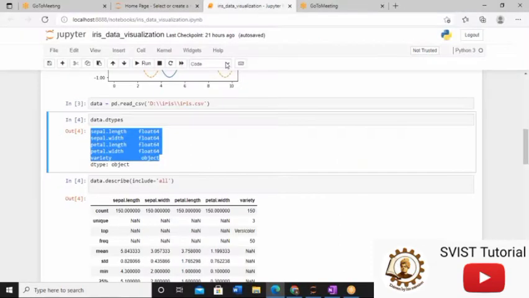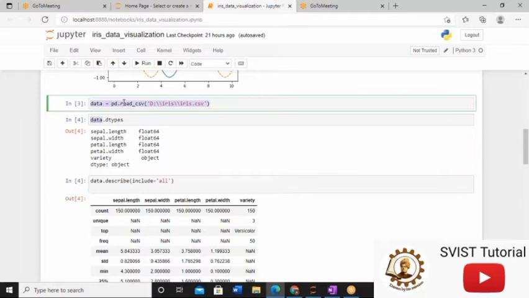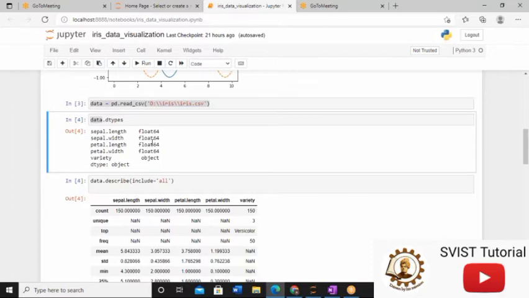So now this is my code. After executing dtypes on the variable data, which is holding our actual CSV file, it is showing this output. See, what is it showing? It is showing the data type of each and every column. So sepal.length is my first column and this is the data type.